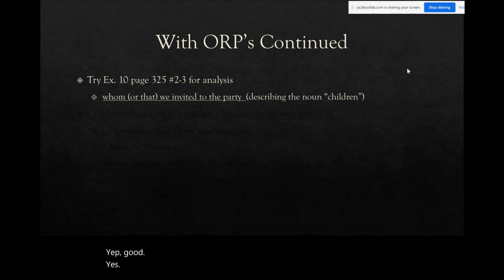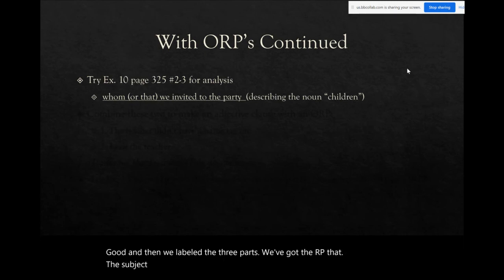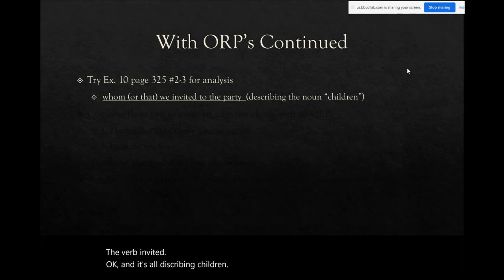Okay, good. So the whole adjective clause, we would underline that we invited to the party. And then we labeled the 3 parts. We've got the ORP, that, the subject, we, the verb, invited. And it's all describing children. So we invited the children to the party is the actual meaning of the adjective clause.